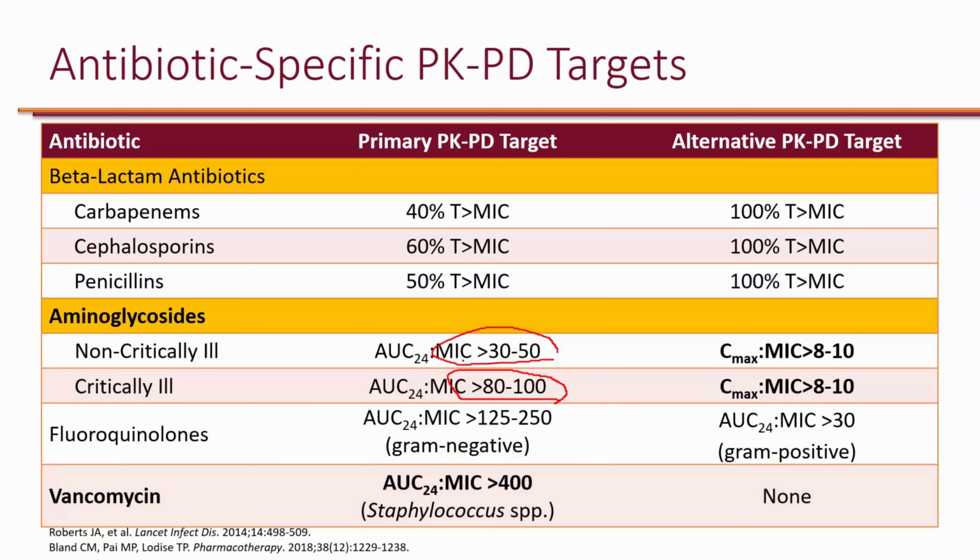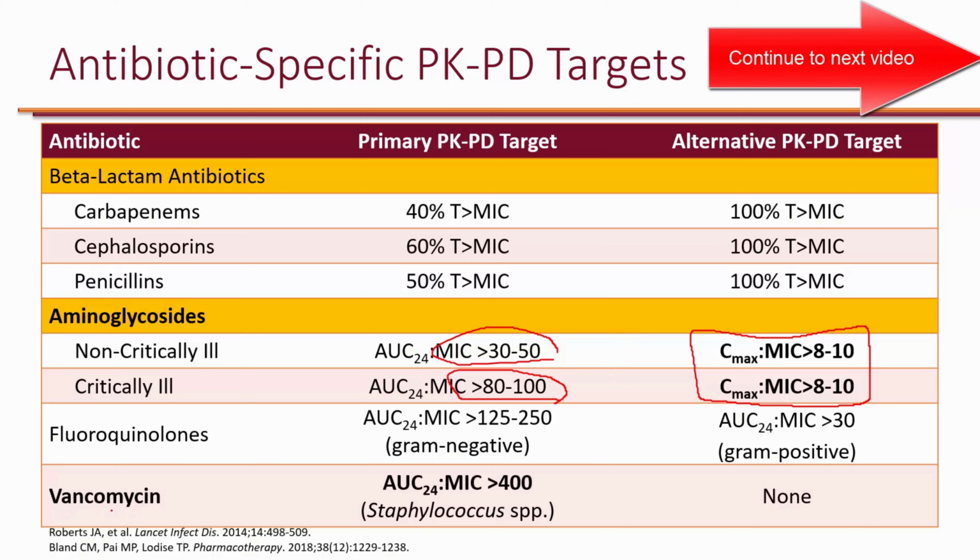However, doing AUC to MIC at the bedside is not practical, so most clinicians actually do the peak to MIC, because you can easily get the peak level, and once you have the MIC, you can see if it's 10 times the MIC. So for the purpose of this class, we're going to do the peak to MIC for our monitoring of aminoglycosides. And we have another day dedicated to vancomycin calculations, which we will discuss at that time.